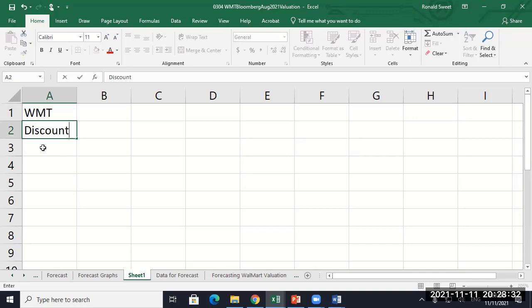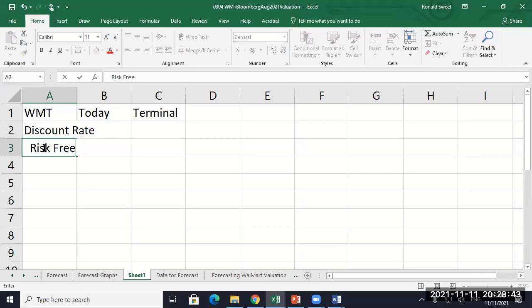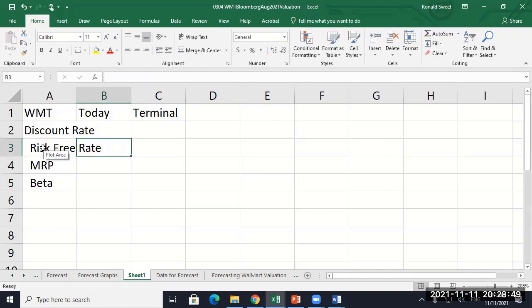So my discount rate, today and terminal. So my discount rate today is the risk-free rate. Market risk premium, beta. So this comes right out of your paper or whatever it was.